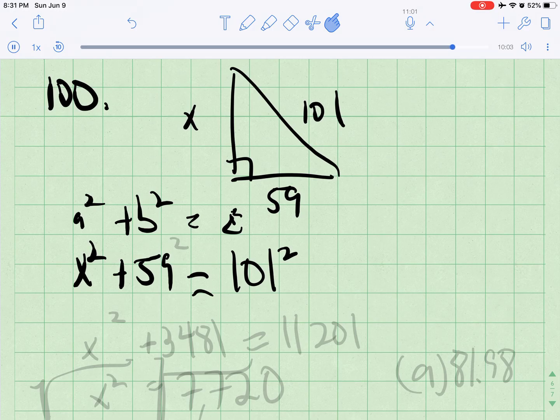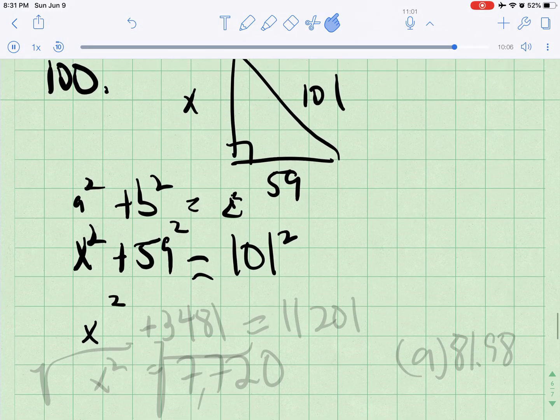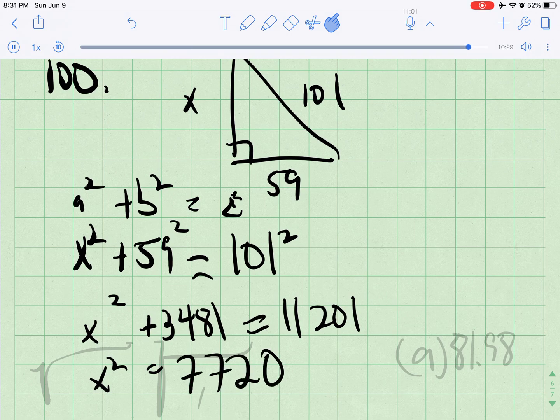So this ends up being x squared plus 3,481 equals 10,201. X squared equals 6,720. Right?